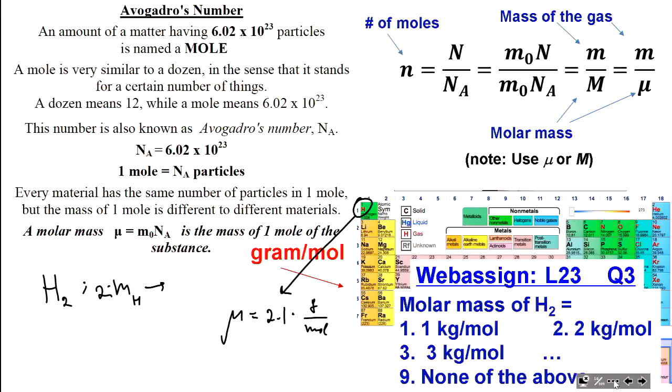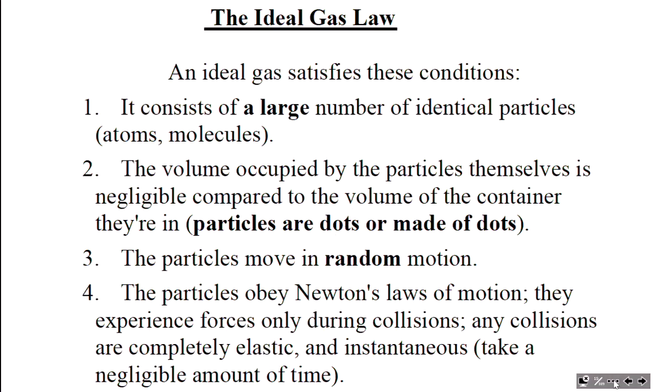So the molar mass of the hydrogen gas is 2 grams per mole, or 0.002 kilograms per mole. But we usually read it differently. If we take 1 mole of hydrogen, if place it on a scale, we read 2 grams. Well, this is just a review.